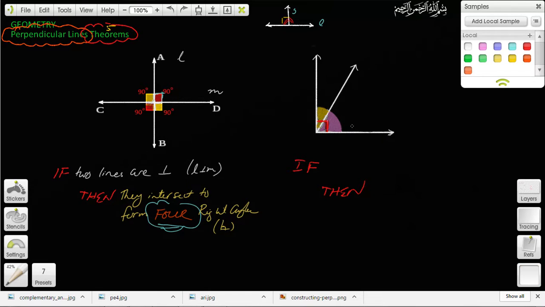Now this theorem is about adjacent angles. These angle 1 and angle 2 are adjacent angles. If you recall, adjacent angles have 2 sides that are special: they have one side that is shared between them.